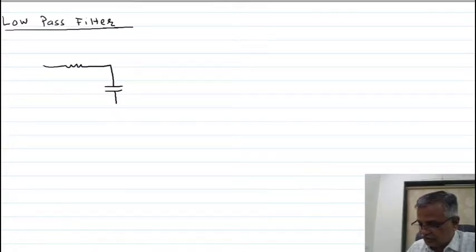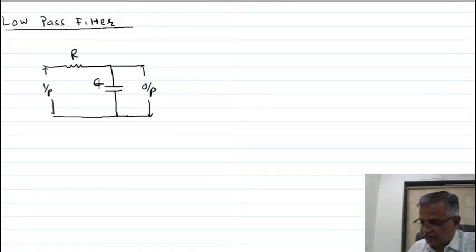This is your low pass passive filter using R and C. Here the input is from the phase detector.